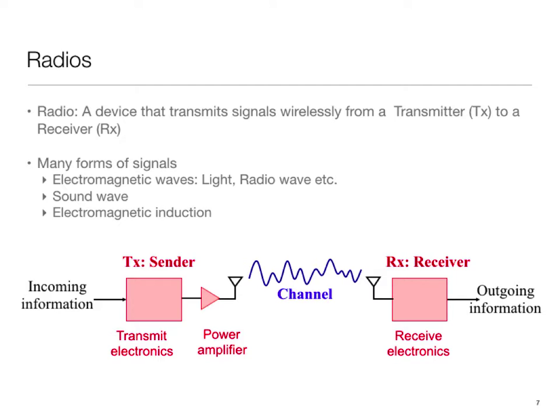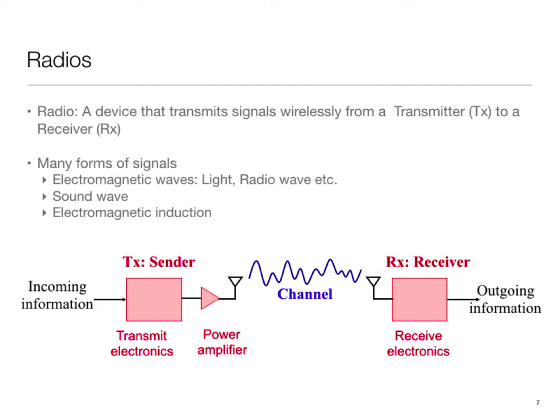So this picture I think I might have shown earlier in the course also, but basically every radio you can generically view it as sending some radio energy over a wireless channel. There is the electronics part to it. There is a power amplifier which generates the signal which is going out over the channel.